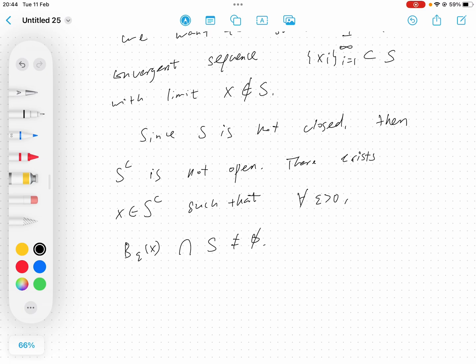So we can always have something, since S complement is not open.